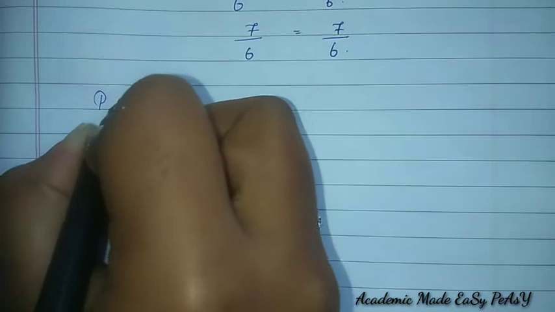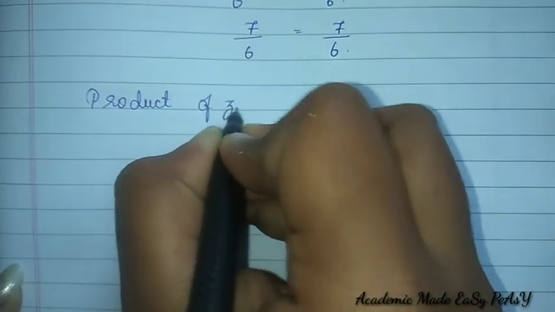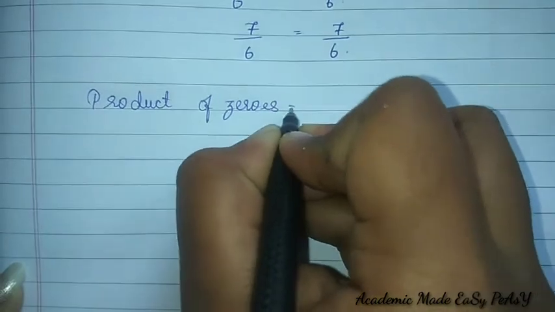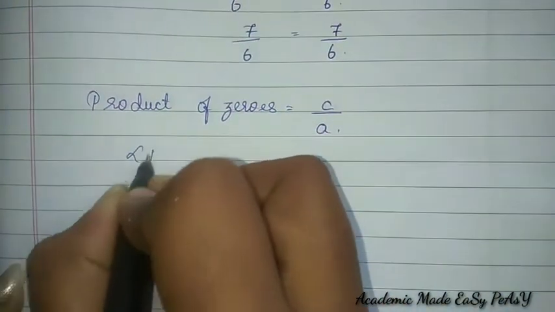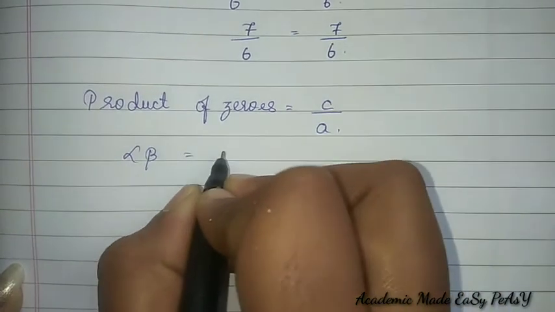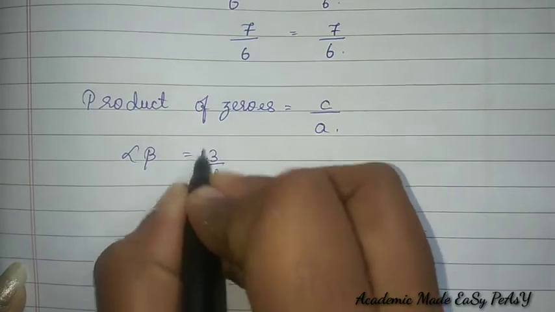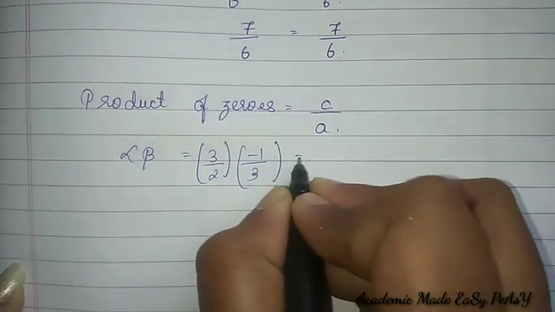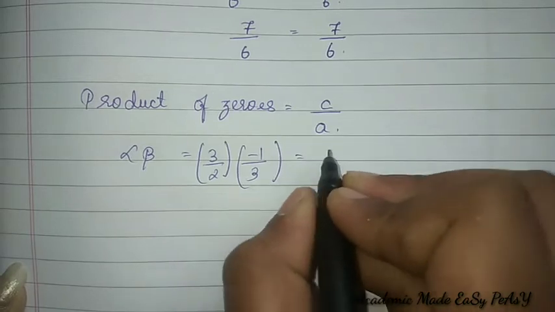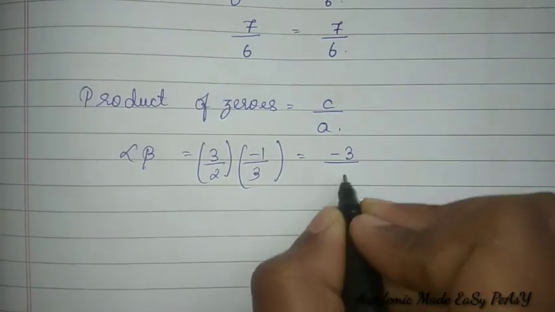Now I will be taking the product of zeros. So product of zeros is equal to C by A. So alpha into beta is equal to, what is my alpha? 3 by 2, and my beta is minus 1 by 3, is equal to, C is minus 3 and my A is 6.